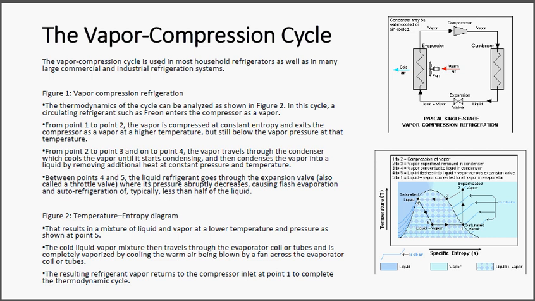So we've got a liquid vapor, and this liquid vapor in the evaporator will be cold, and if you've got some forced air behind it, it'll blow cold air on your products, on your food or whatever you have.